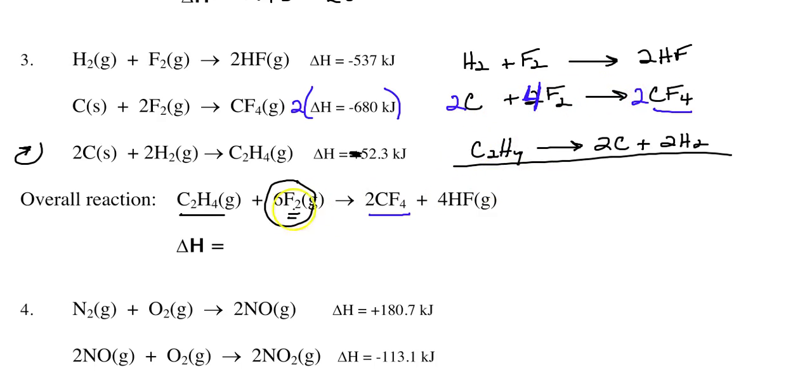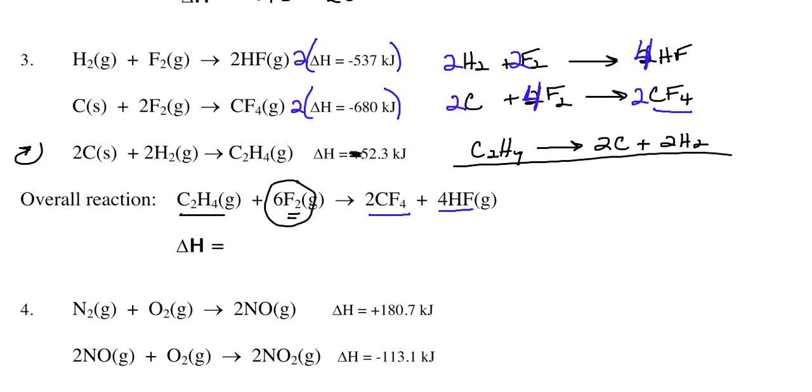Now, I need 6 F2s. I only have 5, so I need a 2 here. Notice I need 4 HFs. I only have 2, so clearly I'm going to do the same thing. I'm going to times this by 2 and distribute the 2 all the way through. 2 times 2 is 4.